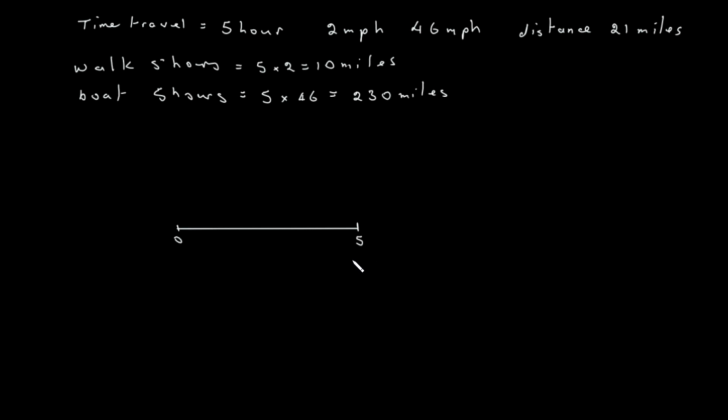Now as I say, if for example we're here, that will be the time for the boat, that will be the time for walking, right? So it's all boat or part boat, part walk. See the idea? Now we relate that to distance. So this is time in the boat, 5 hours. This is distance.